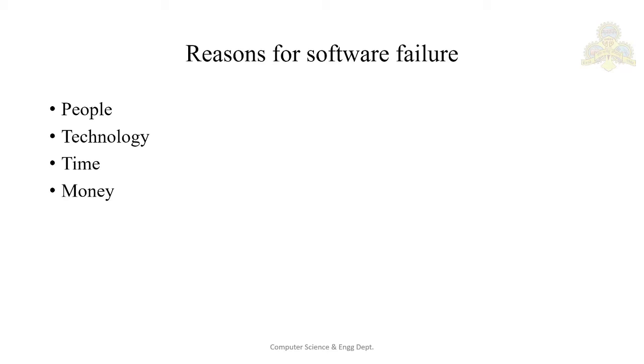If the new technology is introduced, the people have to be trained for that technology. They should be aware of what is going on and how these technologies can be used. So if they can't cope up with the new technology, then obviously the software will fail.